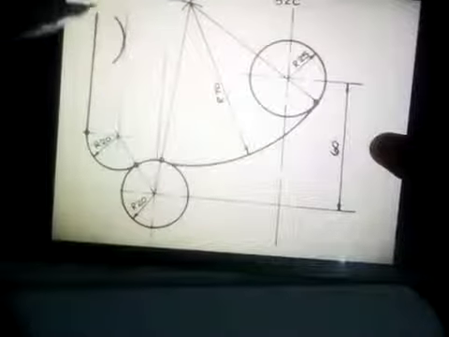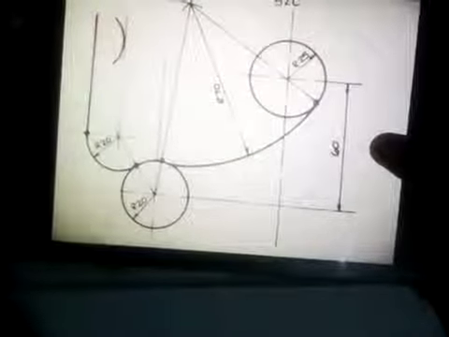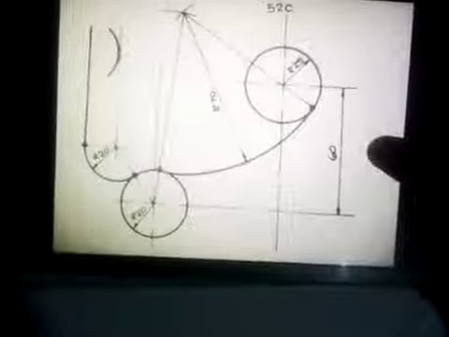Now in solving this problem, as I said, we are going to apply the three principles of tangency. So let's start. The first thing that we need to do is to draw a vertical line. So we draw a vertical center line. I'm going to draw a vertical center line here.